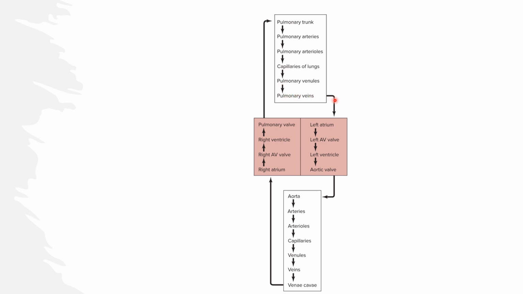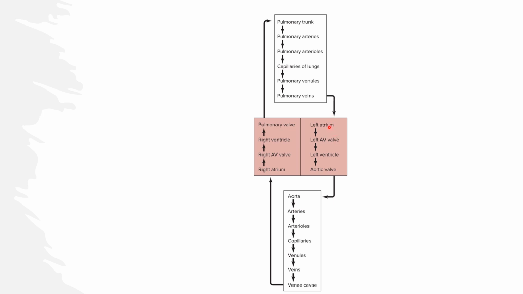Pulmonary veins are going to dump off CO2-laden cells into the left atrium. They're going to pass through the left AV valve into the left ventricle. They're going to go through the aortic valve, be shoved up through the aorta.